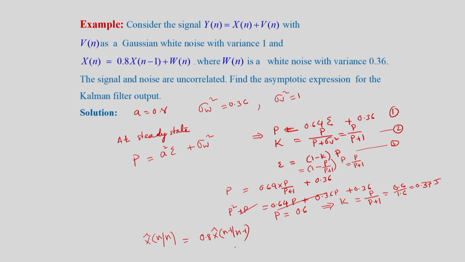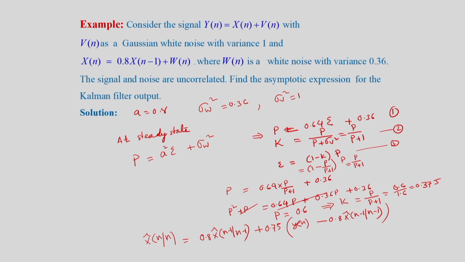This is the predicted value, plus the Kalman gain, which is 0.375, into the innovation part, that is y n minus 0.8 into x hat of n minus 1 given n minus 1, and we can bring this here.